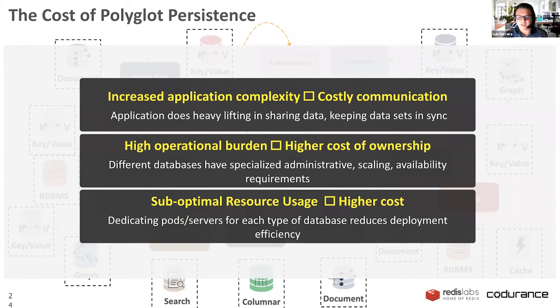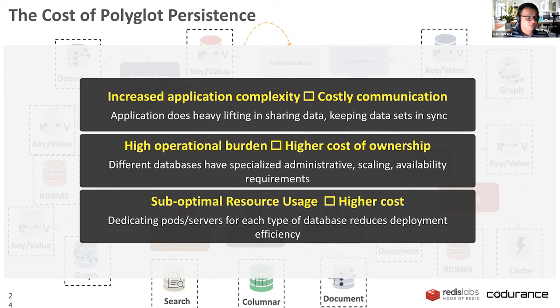Codurance and Redis will help you reduce the complexity of these modernization initiatives at different levels, and it will help you decrease application complexity. It will reduce your operational burden.